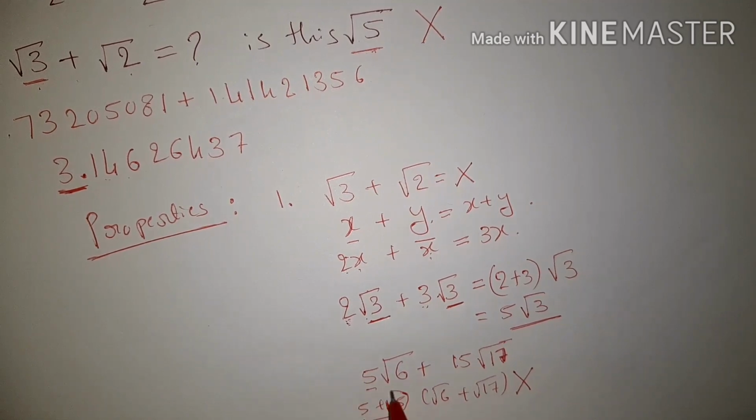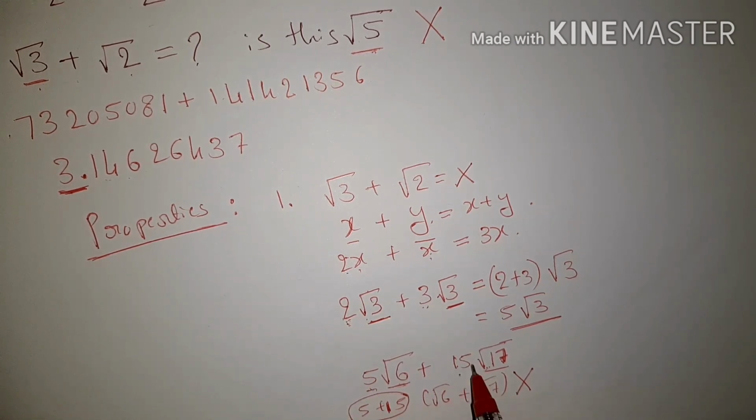I cannot take 5 and 15 as common, because here square root of 6 is there, here square root of 17 is there. There is nothing common between these two surds. So I cannot take the real numbers outside the surds as common. This must be taken care of very seriously.